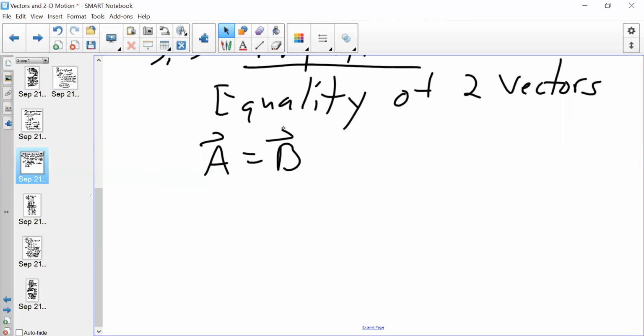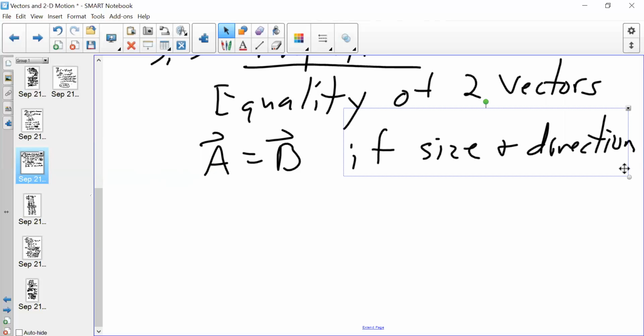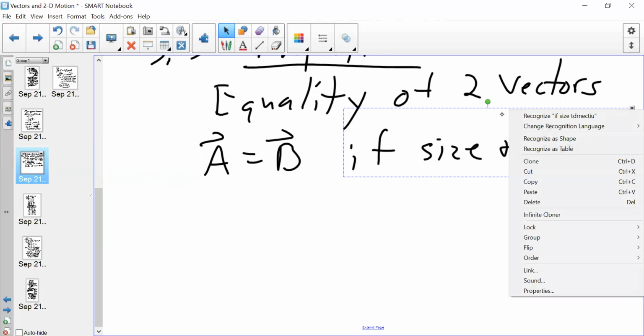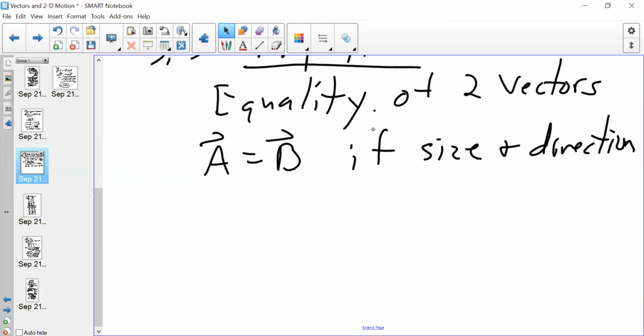A and B is the size. That's just the abstract. So A is equal to B if the size and direction are the same, they're parallel. Now, anti-parallel would not be equal because the directions are opposite, right?